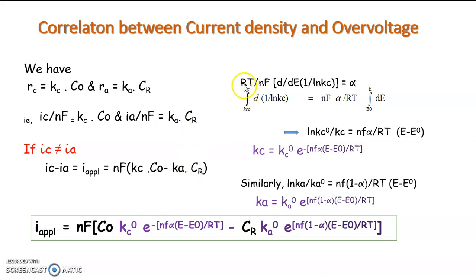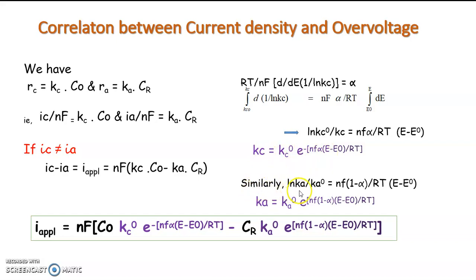We are integrating up to that much. Then the change in rate constant with the potential change, we will get this equation, from which Kc equals this much.